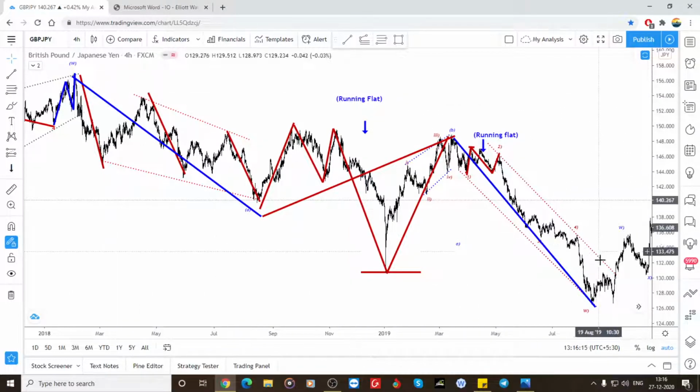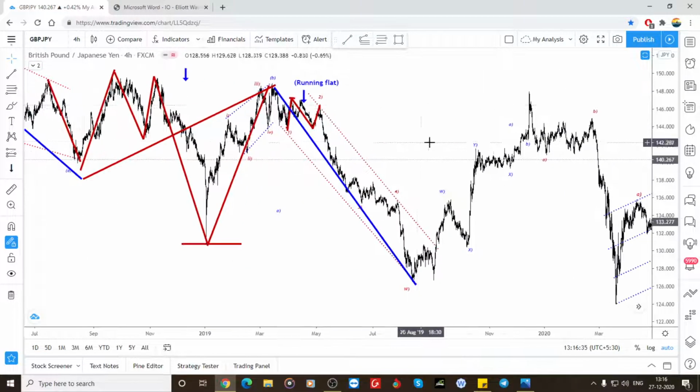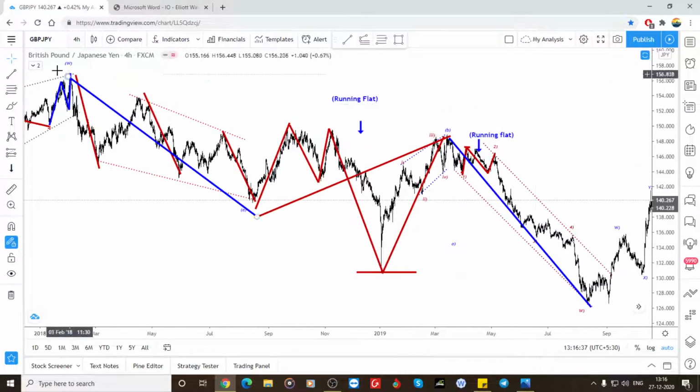Once the correction is going to end, at least we may get another 50% or 38.2 retracement. So at the end of this fifth wave, you may go long for the target of 50% from this high to low. So that is why it's achieved here.